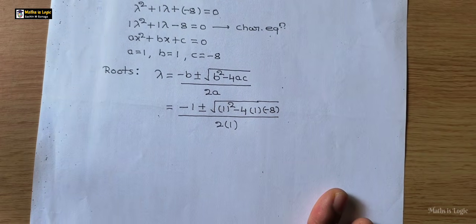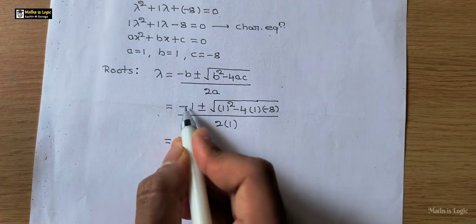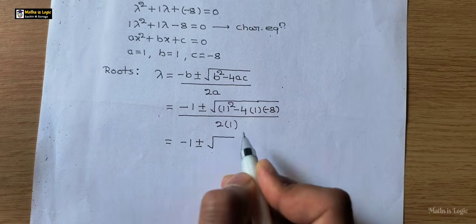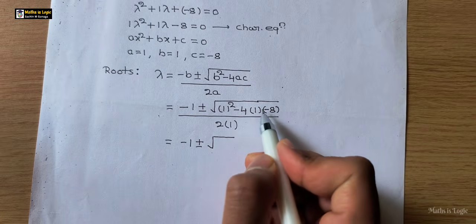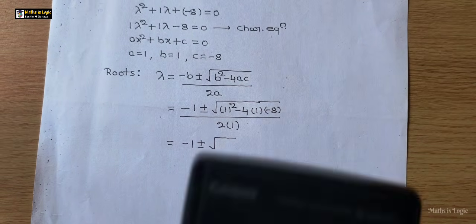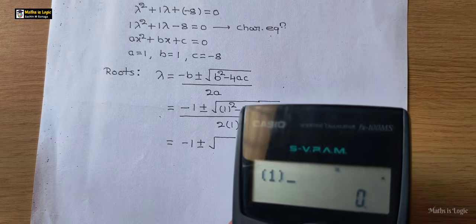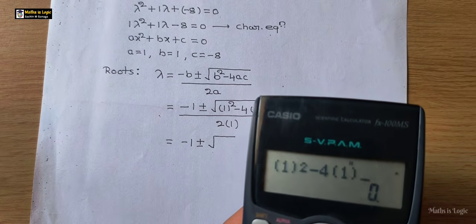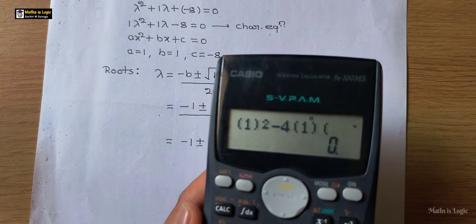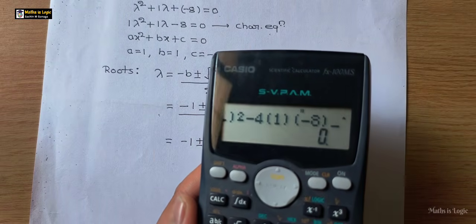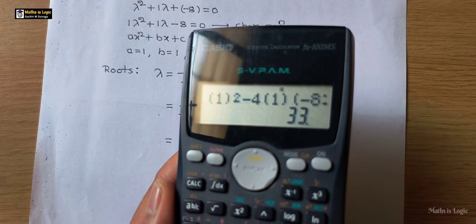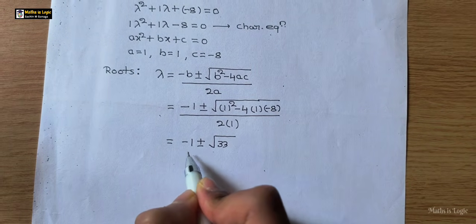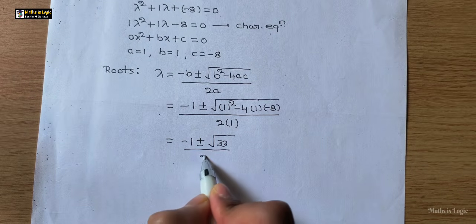Now which is minus 1, keep it as it is, plus or minus square root also keep it as it is, directly use the calculator. So 1 square minus 4 into 1 into minus 8, complete the bracket, is equal to, so what is the answer? 33. So square root of 33 divided by 2 into 1 is 2.